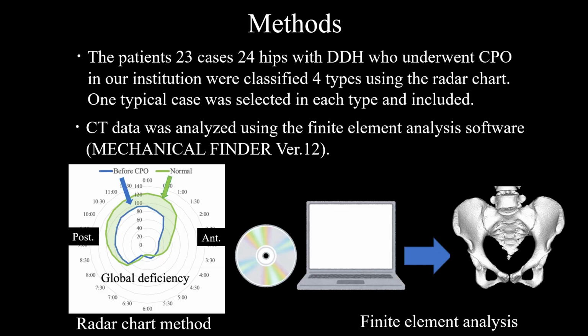The patients, 23 cases, 24 hips with DDH who underwent CPO in our institution, were classified into types using the radar chart. One typical case was selected in each type and included. CT data was analyzed using the finite element analysis software Mechanical Finder version 12.